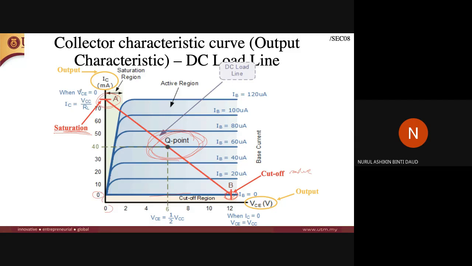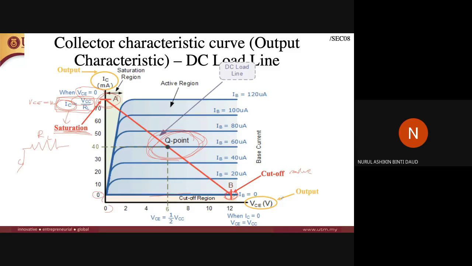That is the saturation value, which is IC equals VCC divided by the load resistance RL. RL is the load connected to the collector, so we usually call it RL.